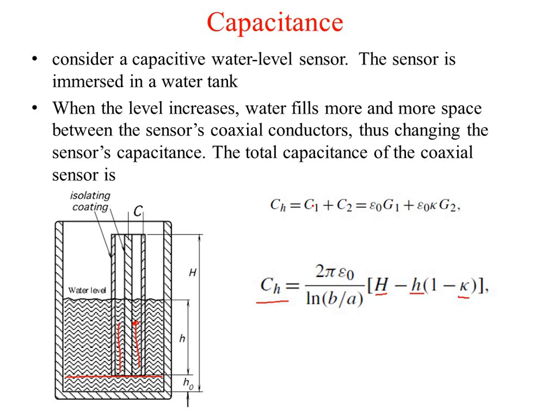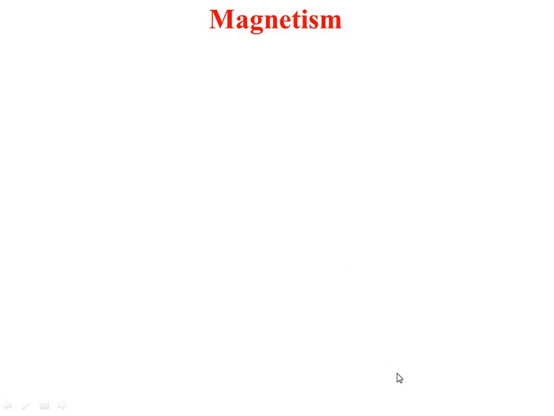This is how you use the concept of capacitance for level measurement. C0 is at the initial level, height 0, so this factor will be 0, this factor will be 0, this will be 0 in this case. So you can get C0, and calculate the value accordingly.